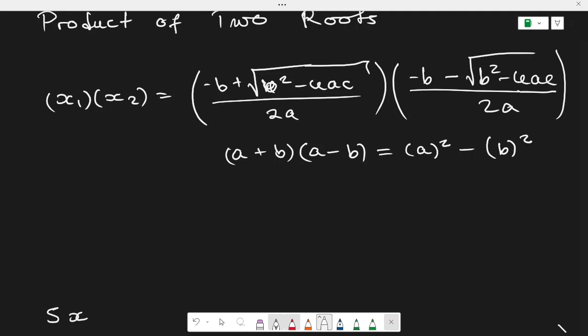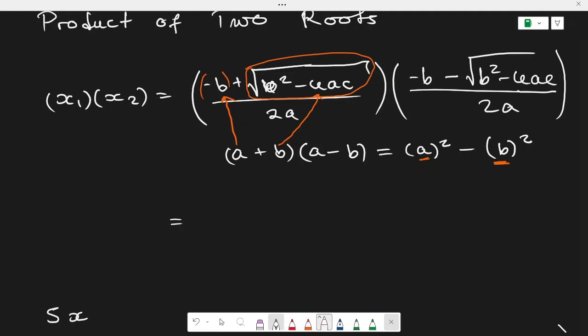Okay? So in our case, our a is going to be negative b, and our b is going to be this part. Okay, so the next thing that we just have to do is to replace in this.